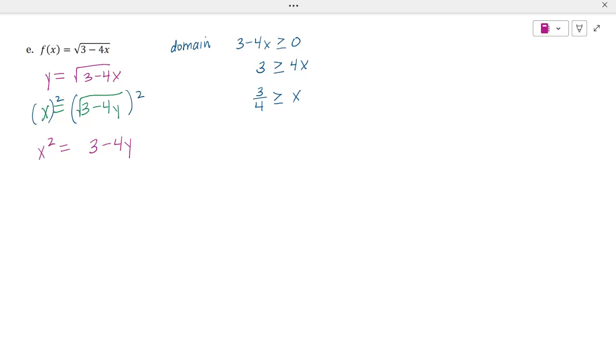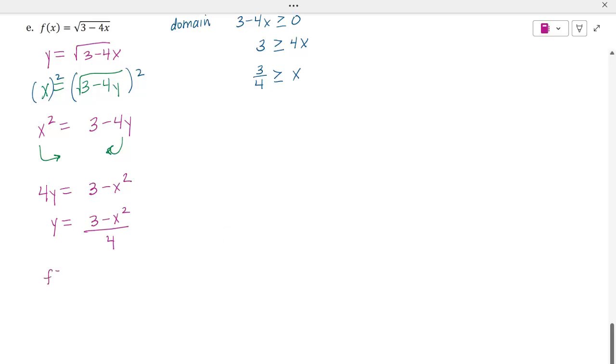I'm going to switch the sides of these because I want to make the y positive. This will go over here and this will go over here. So we'll have 4y equals 3 minus x squared, and then I'll divide by 4. So our inverse function, f inverse of x, equals (3 minus x squared) over 4.